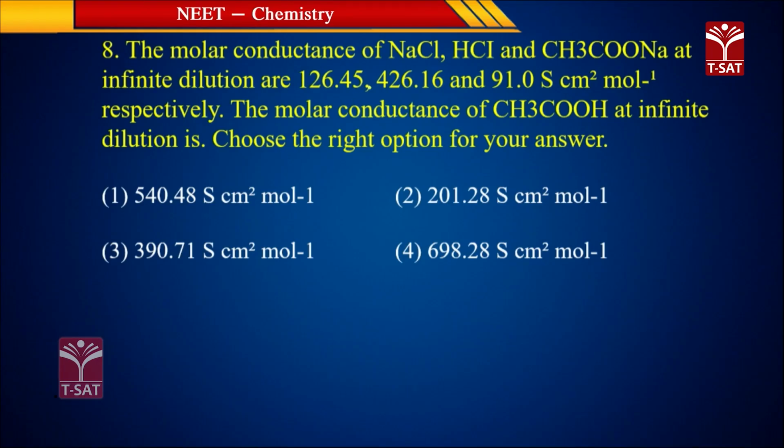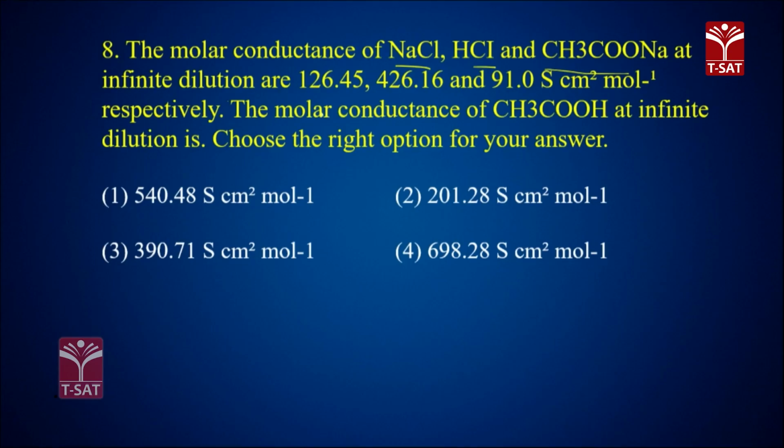Next, coming to the 8th question. The molar conductances of NaCl, HCl and CH3COONa at infinite dilution are given as 126.45, 426.16 and 91.0 Siemens centimeter square mole inverse respectively. Find the molar conductance of CH3COOH at infinite dilution. So what information do you have?